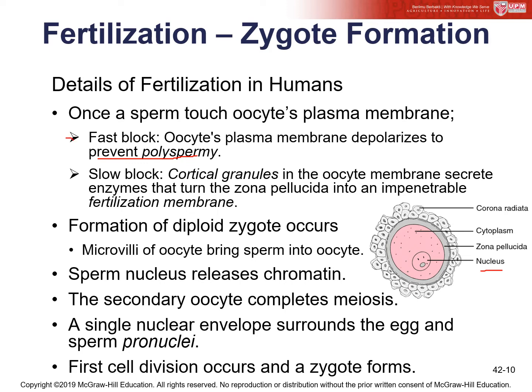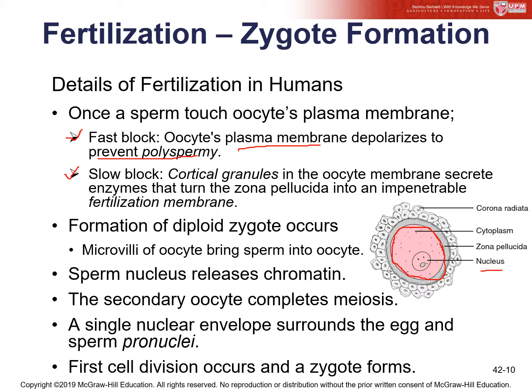The fast block involves the plasma membrane, which can be found under the zona pellucida. The plasma membrane will start to depolarize, and depolarization causes the sperm to be unable to enter the oocyte. The second one is the slow block.